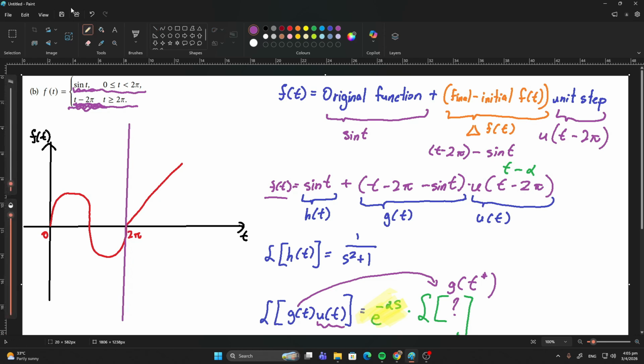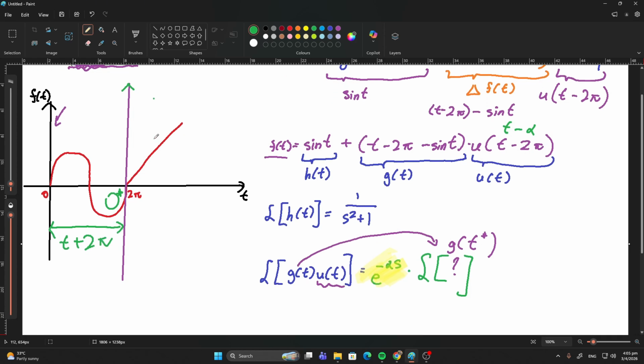So instead of my origin being at 0 over here, I want to essentially make a new 0 over here. Okay, so I'm just going to label it like 0 abstract. So this is now essentially my new origin. So where do I get this new origin? It's basically t plus 2 pi, which is essentially my t abstract.